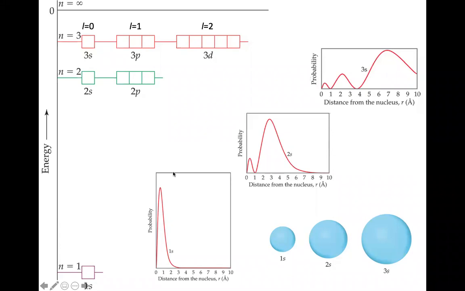I think the actual relationship, as you put it together, is that the number of nodes is n minus L minus 1. Let's see if it works. So n minus L minus 1. If I have n equals 1, L equals 0, 1 minus 0 minus 1 would say no nodes here.